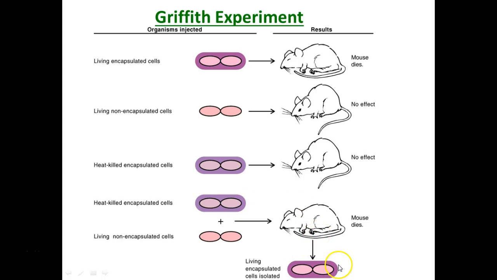And then when he autopsied, he got back out living encapsulated cells. Well, how did these live cells that don't know how to make a capsule figure out how to make a capsule? They didn't figure it out. They stole the information, didn't they? Because these dead cells contain DNA, do they not? They do. And putting those dead cells in the same environment of the living cells, they picked up that DNA and they used it.